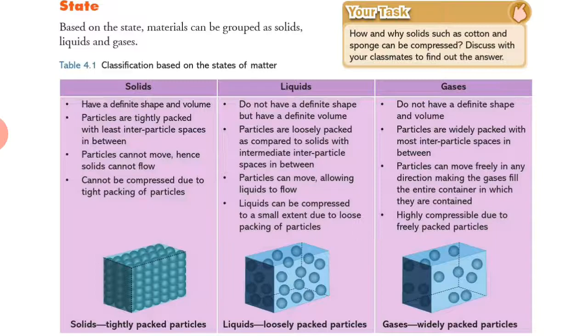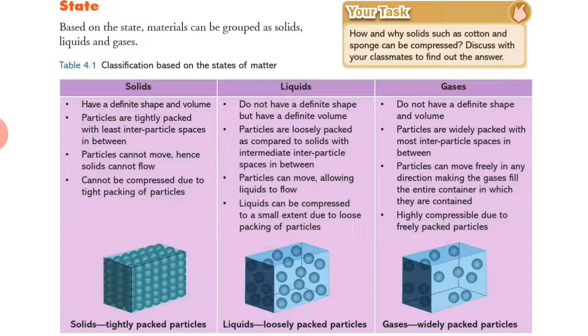Okay, and the last one, gases, do not have definite shape and volume. Particles are widely packed with most interparticle spacing between them. You can compare all the three on the basis of particle spacing.